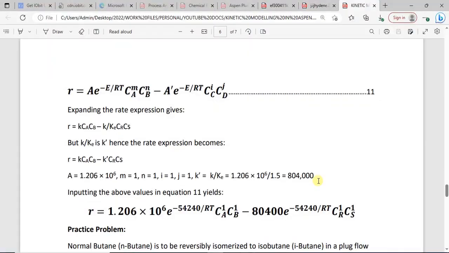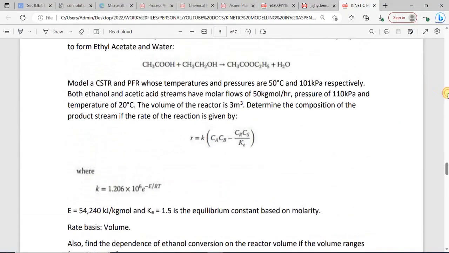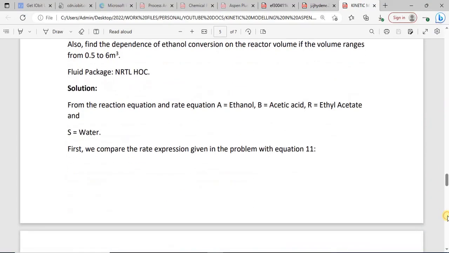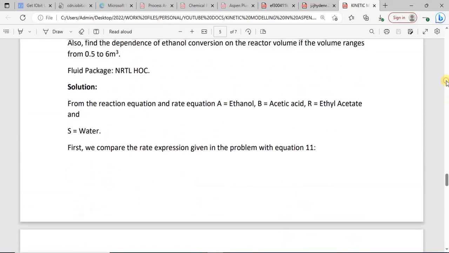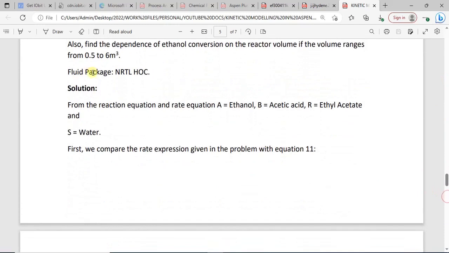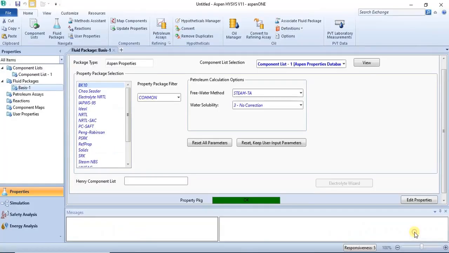So from the question, the fluid package is NRTLHOC. So we search for NRTLHOC. You can use All.